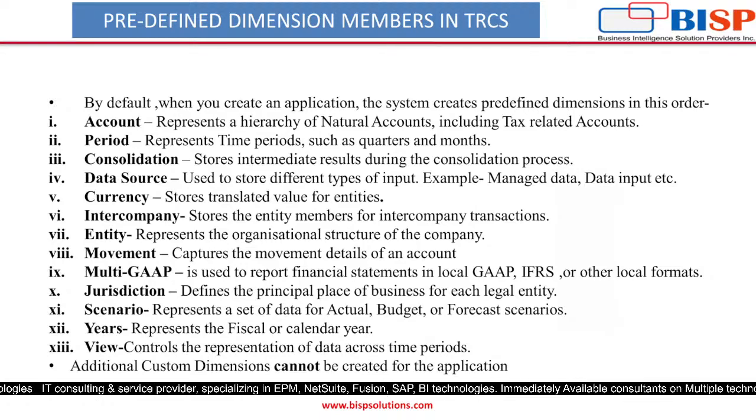Point to be noted. The dimensions in the application include account, period, consolidation, data source, currency, intercompany, entity, movement, multi-GAAP, jurisdiction, scenario, year, and view. So 13 predefined dimension members are there.